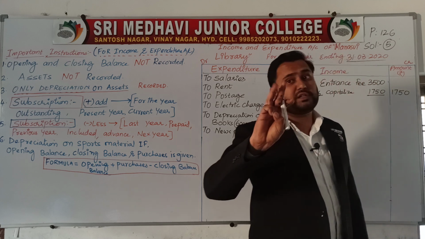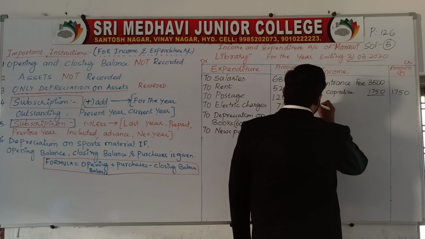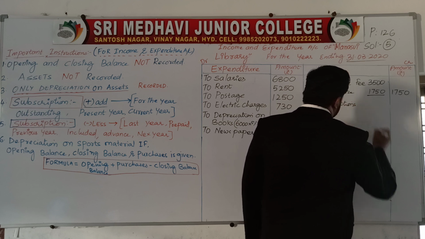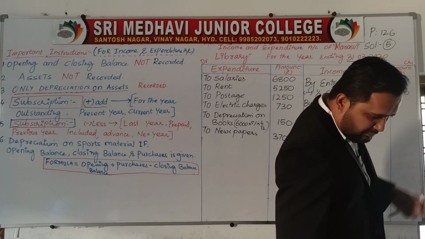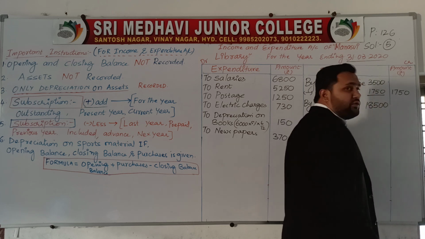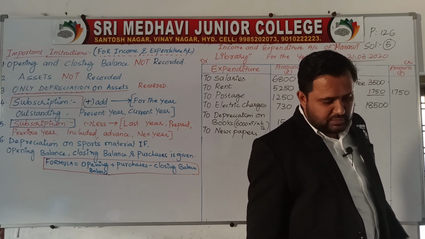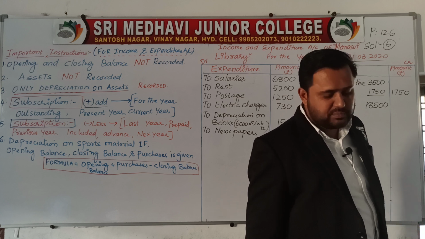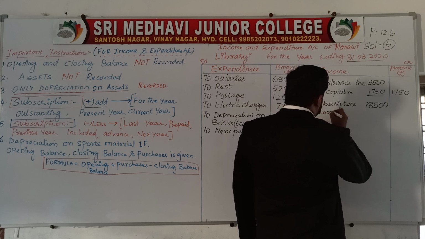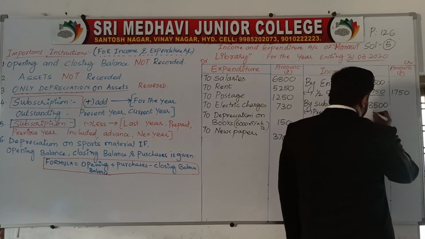Subscription. There are 3 adjustments on subscription. You have to write by subscriptions, 18,500 is given. Now the first adjustment on it, go to the additional information. Subscription amount includes 500 rupees of previous year, minus previous year subscription 500 rupees.